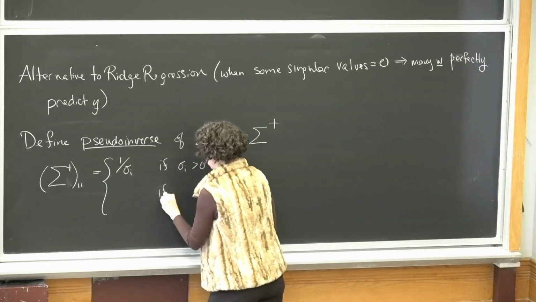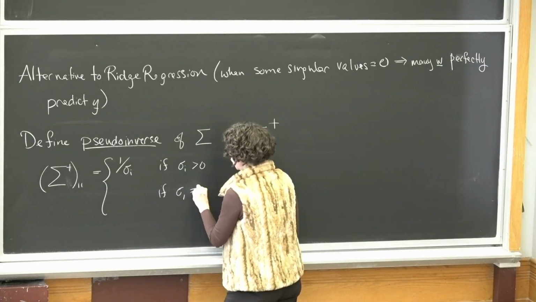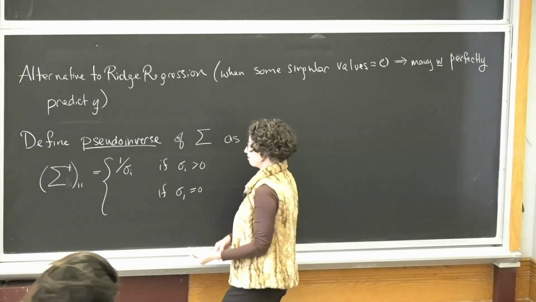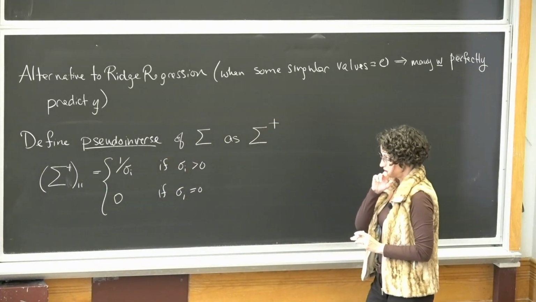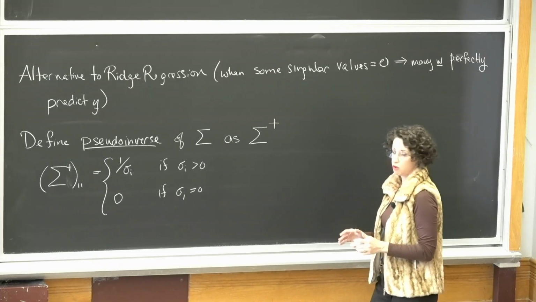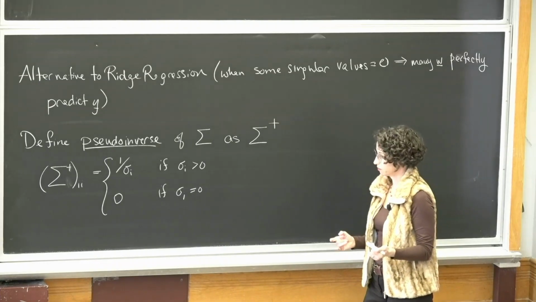But if the singular value is just equal to 0, then instead of trying to divide by 0, I'm just going to say in this pseudo-inverse matrix that the corresponding diagonal entry will just be exactly 0.